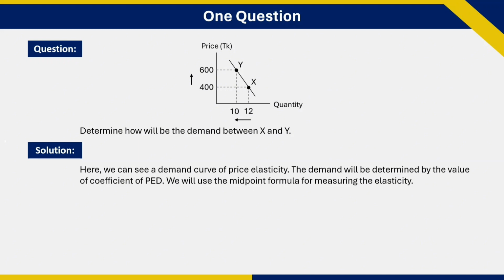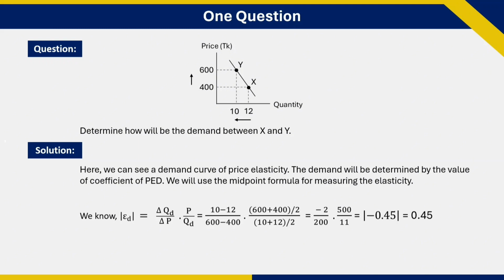using the midpoint formula. As we know from the previous slide, PED equals delta QD over delta P into P over QD. Here, delta QD is the difference of quantity, that is 10 minus 12, and delta P is the difference of price, that is 600 minus 400.